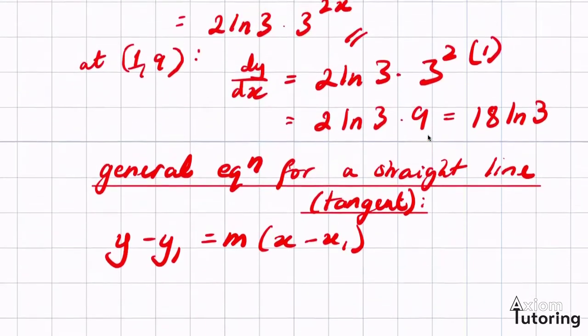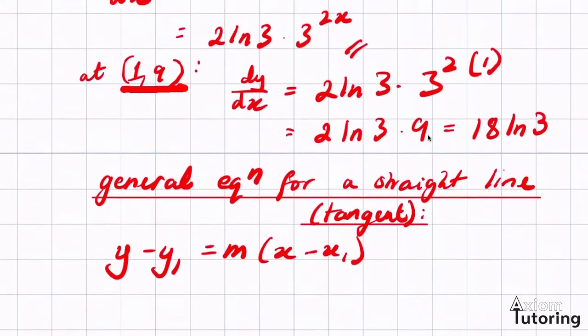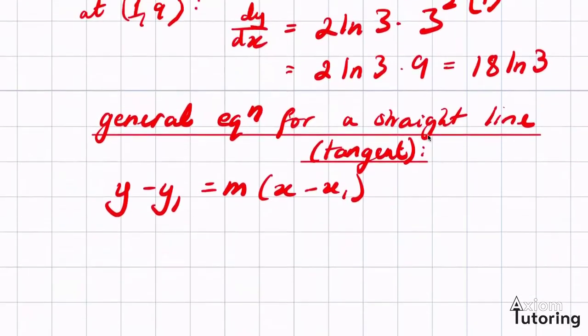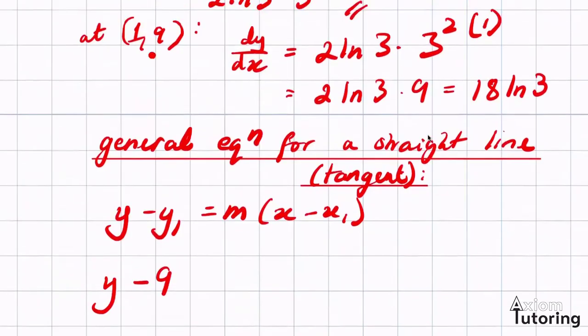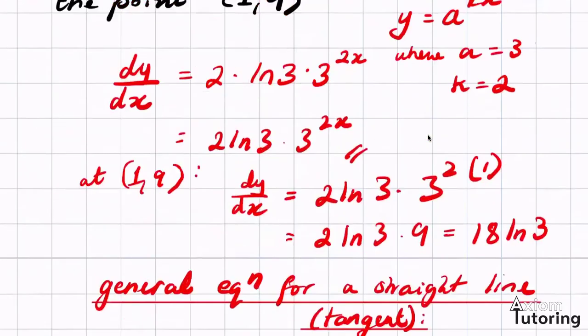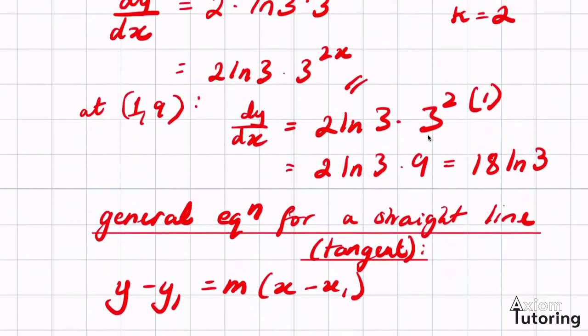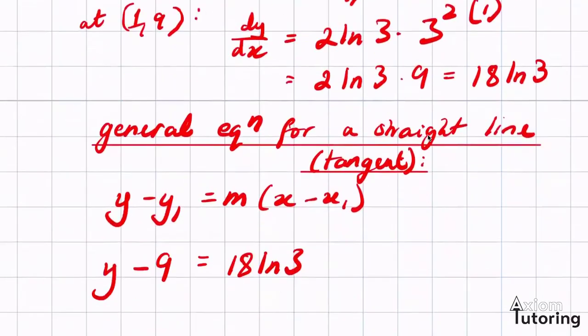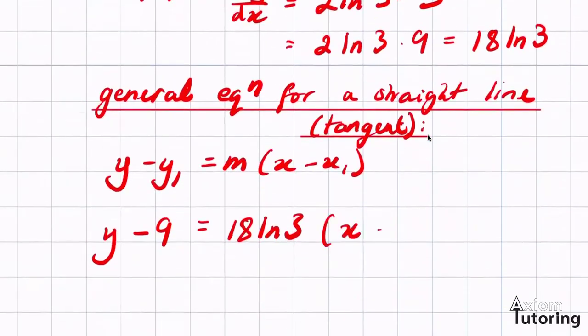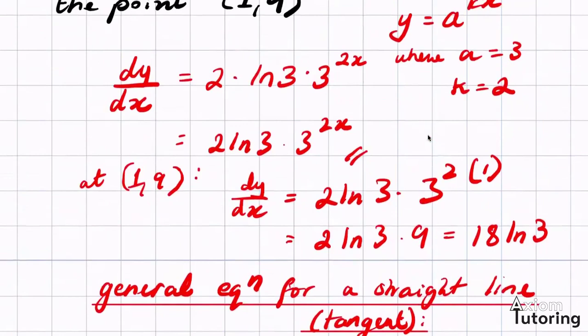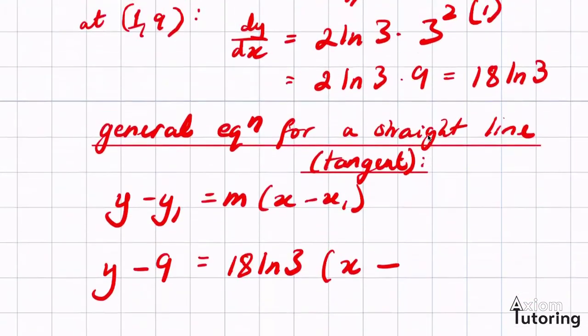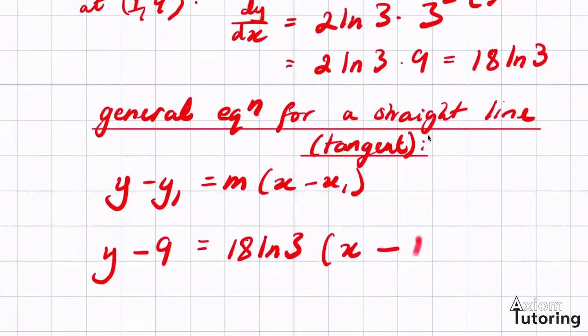And we can substitute in our coordinate (1, 9) for the y1 and x1 values. So y minus 9, that's our y coordinate for our point given in the example, equals 18 ln 3. That's our gradient that we just worked out from our first derivative function. And then we have x minus x1, where x1 for our coordinate is just 1. So that's 1 there.